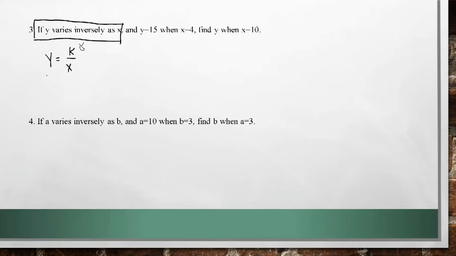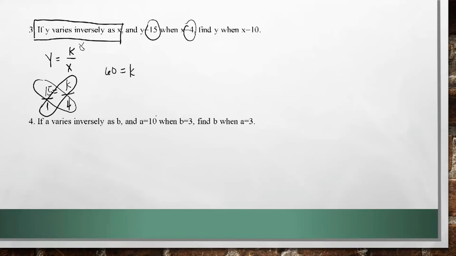So y is 15, is equal to k, which is not given, over x, which is 4. And have the denominator of 1. Cross multiplication: 15 multiplied by 4 is 60, is equal to 1 times k, which is k. So we have the value of k.